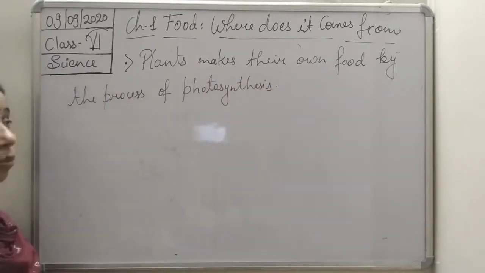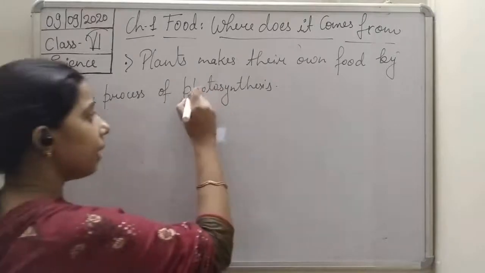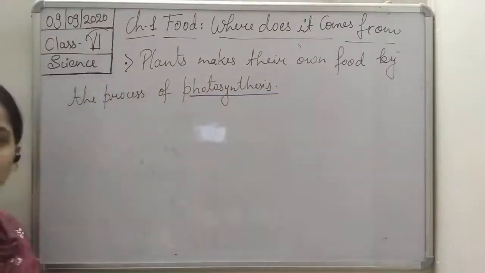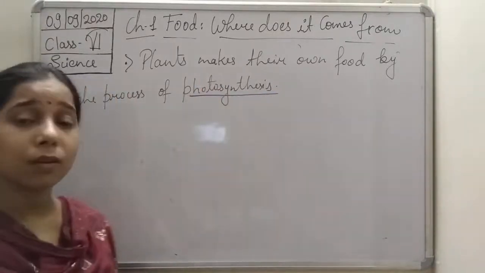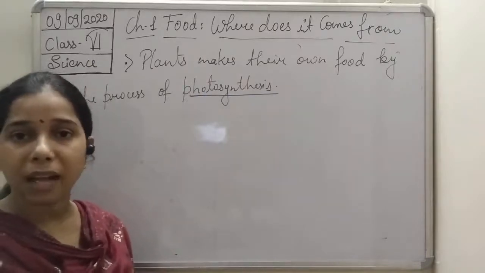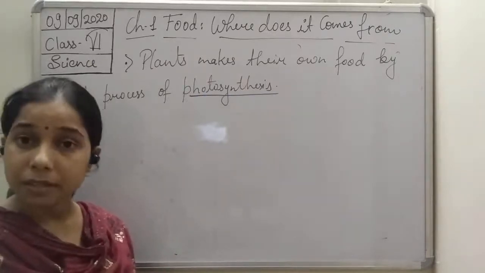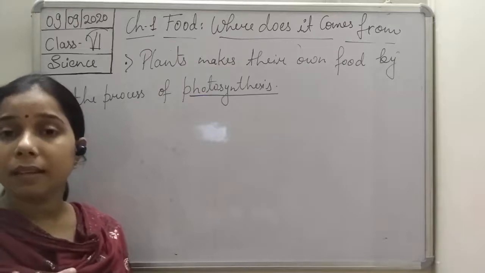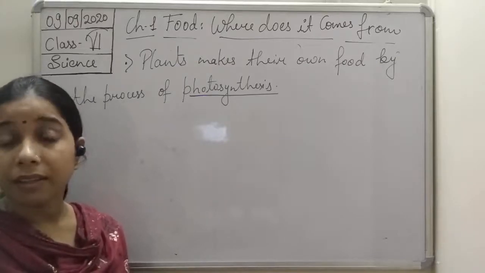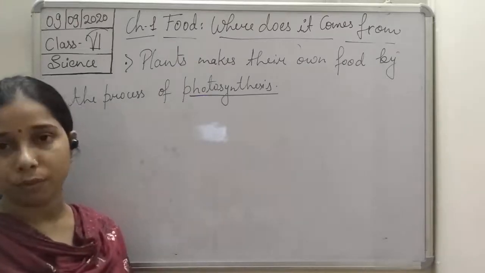So you see, students, since plants make their food by the process of photosynthesis, it means they are not dependent on animals for their food, right? It means they make their own food. They are producing their own food, right?